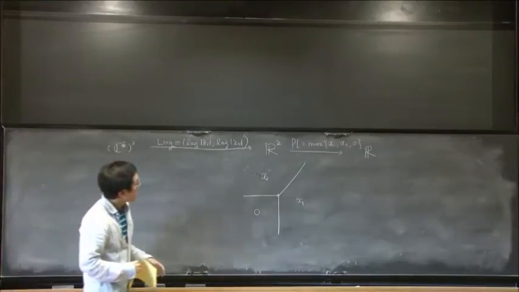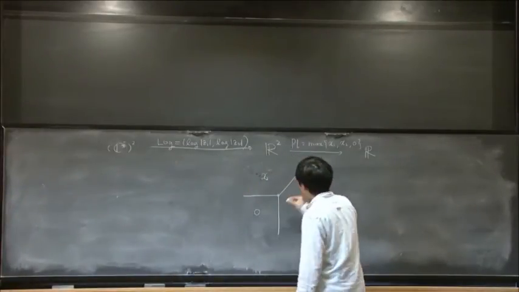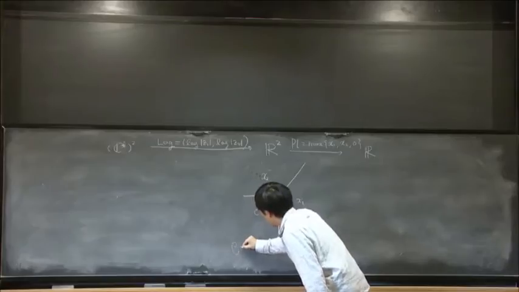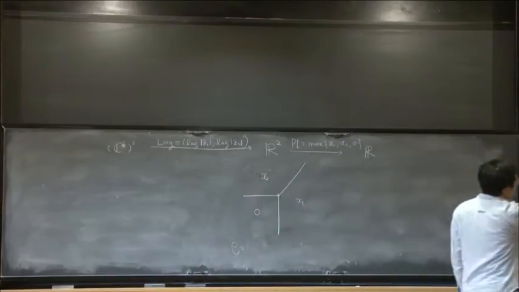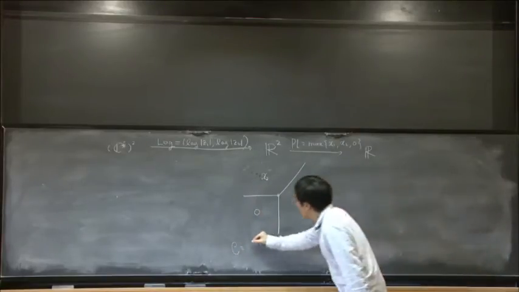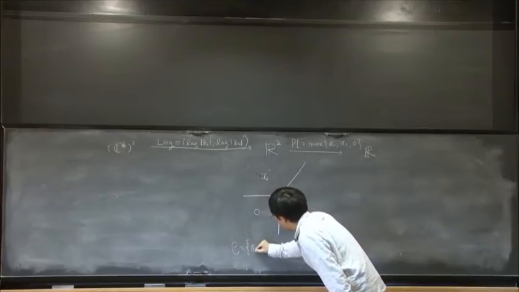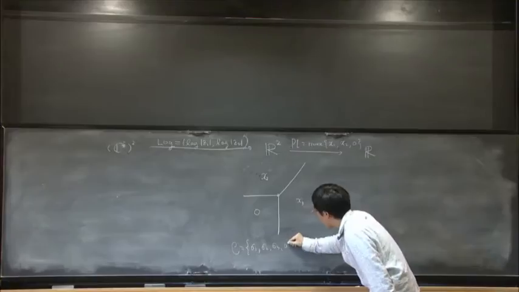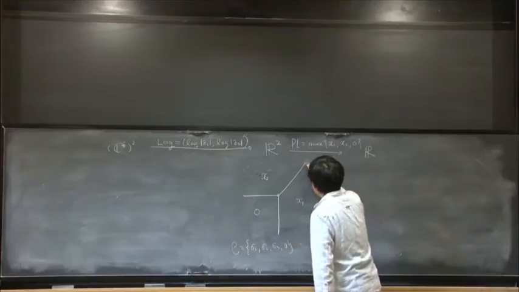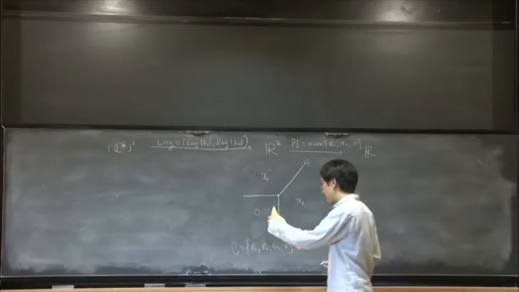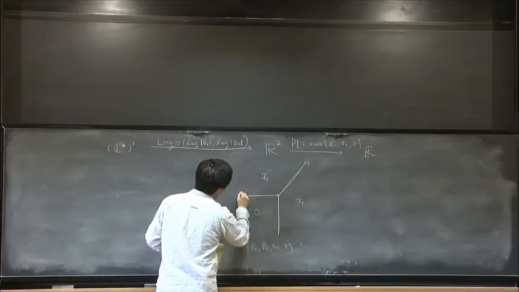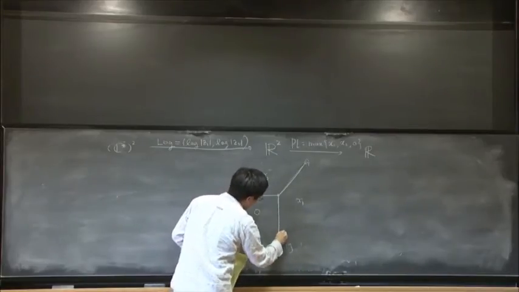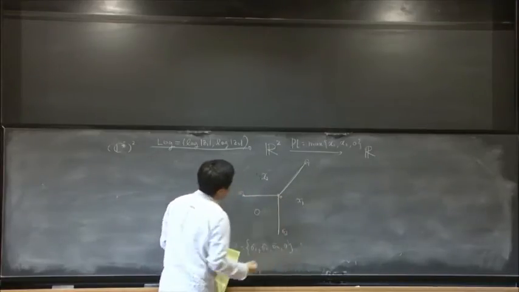And this defines a certain polyhedral complex that I write as C. This is a polyhedral complex that has 4 members, sigma 1, sigma 2, sigma 3, and 0, where sigma 1 is the first ray, sigma 2 is the second ray, sigma 3 is the third ray, and 0 is the origin.